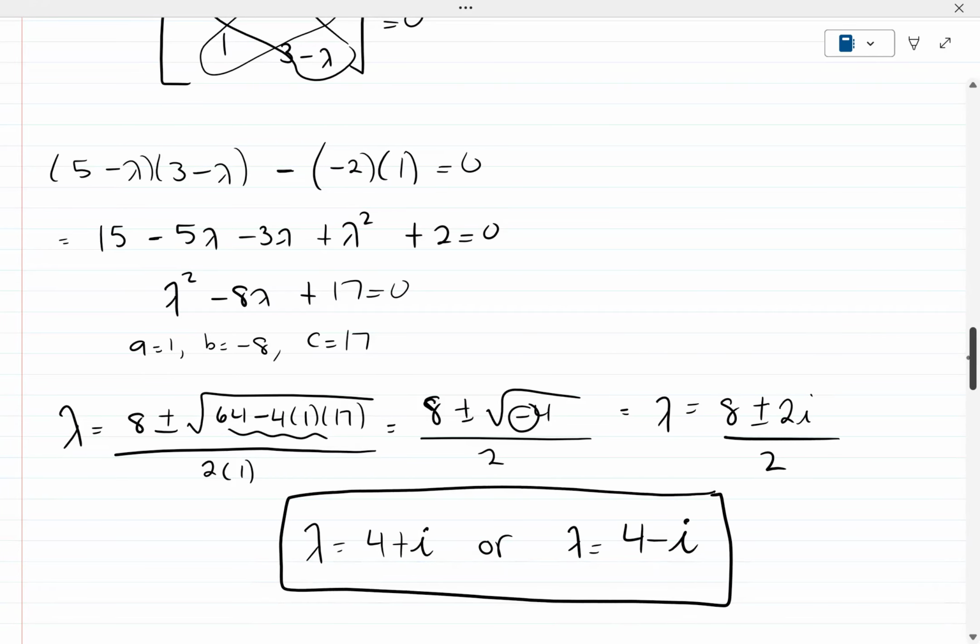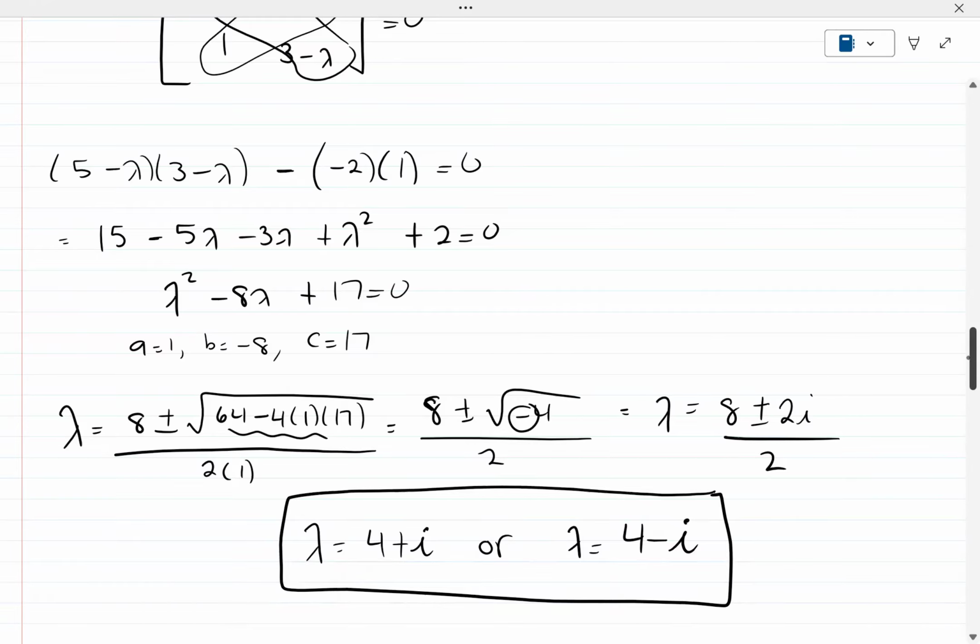Okay, so that's that one. That's a two-part problem. We found the eigenvalues. Now we have to find the eigenvectors. This is where you augment with 0.